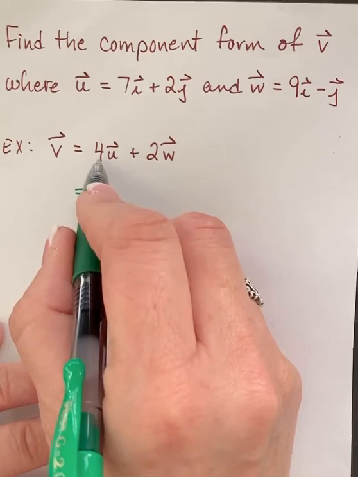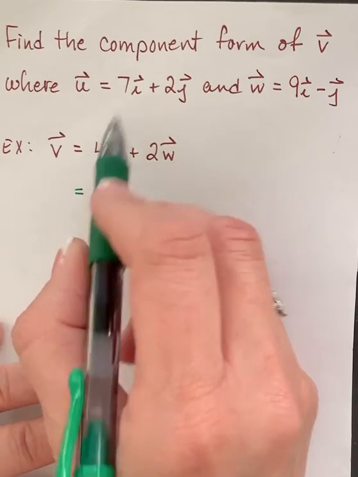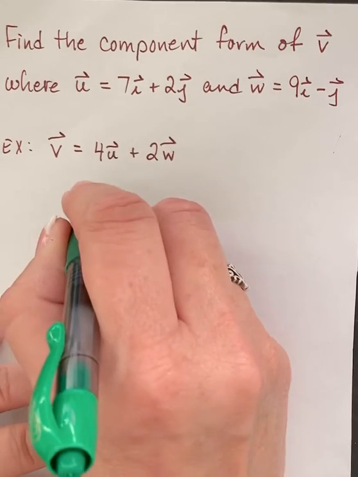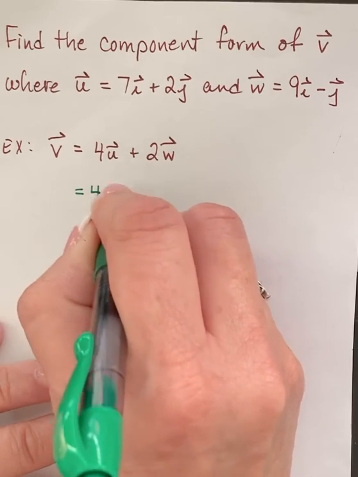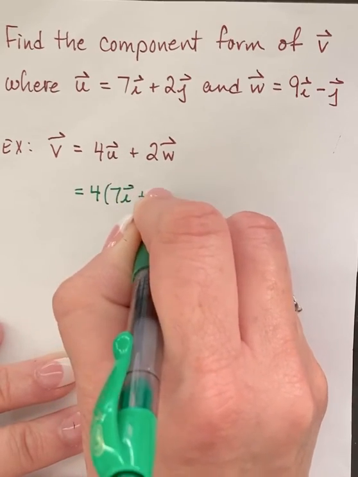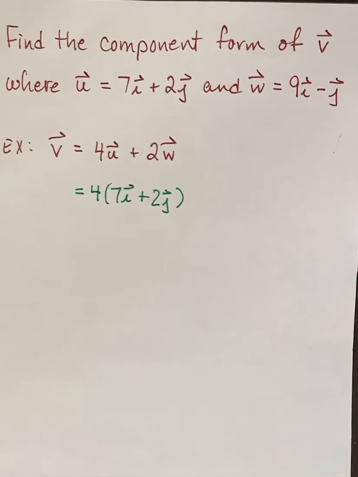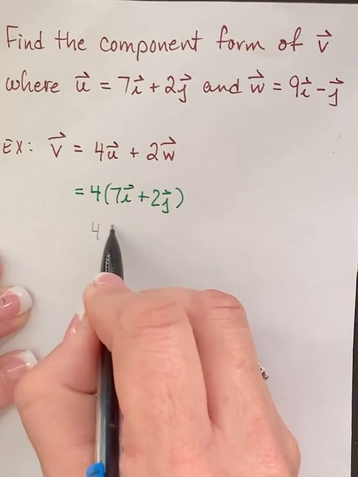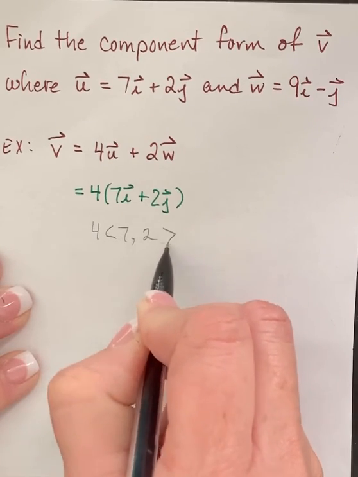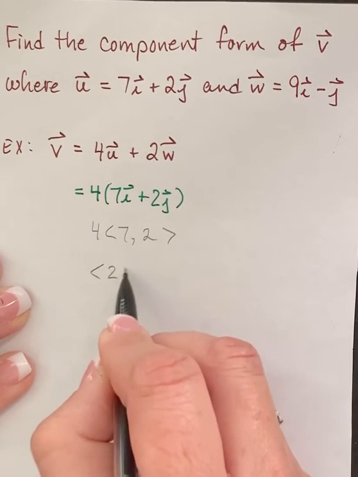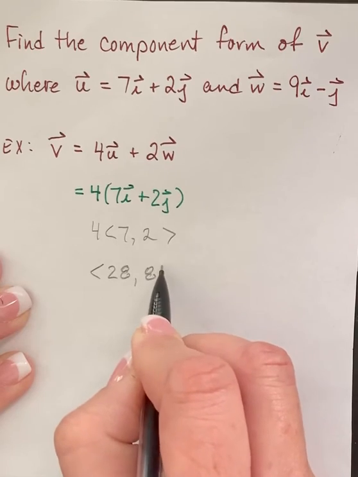So you're going to do multiplying by the scalar 4 times vector u. So 4 times 7i plus 2j, right? That is the same thing as 4 times 7 comma 2, which we know to be 28 comma 8.